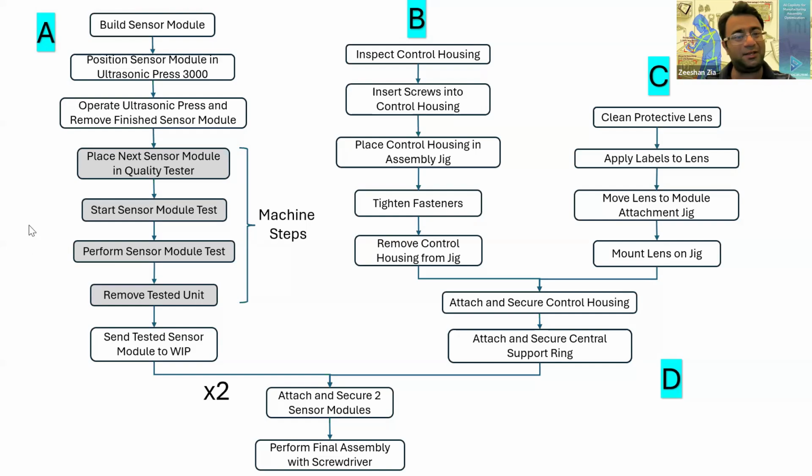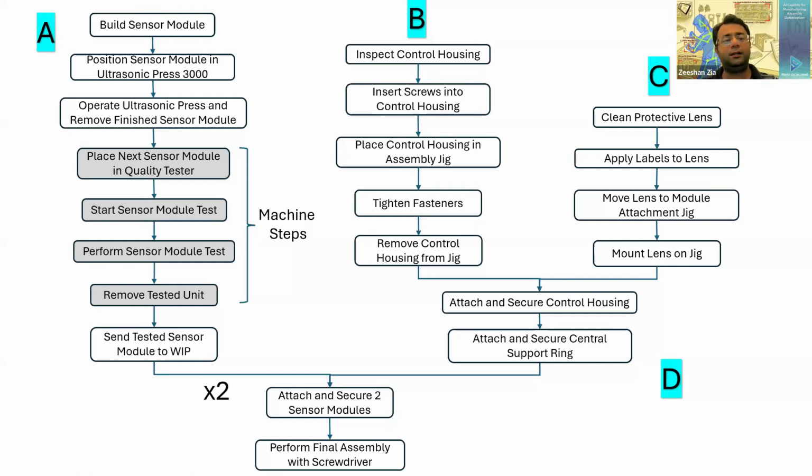He's going to finish a sensor module. When he finishes it, the previous sensor module test will be complete. He will be removing the tested unit, then place the other sensor module that's in his hand and start the sensor module test. This will be happening, and in the meanwhile, he's going to put the tested sensor that was already in his hand into the WIP.